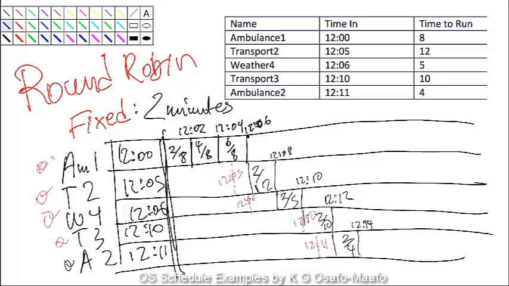So AM1 comes in to finish off 8/8 and finishes at 12:16. Right, and then we run the next person at 12:18.